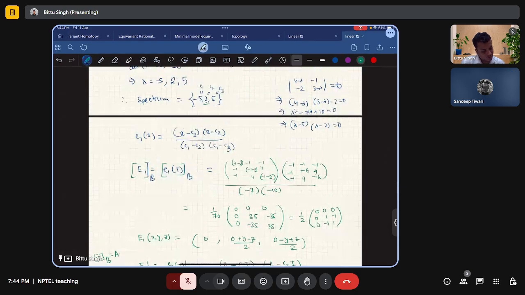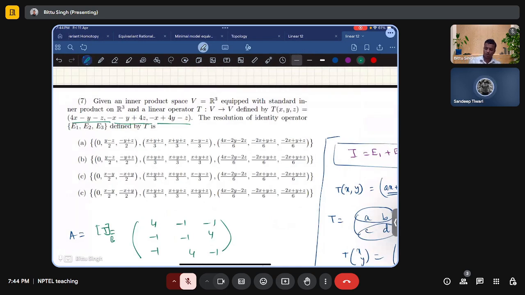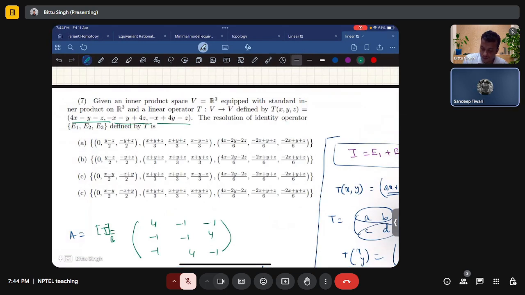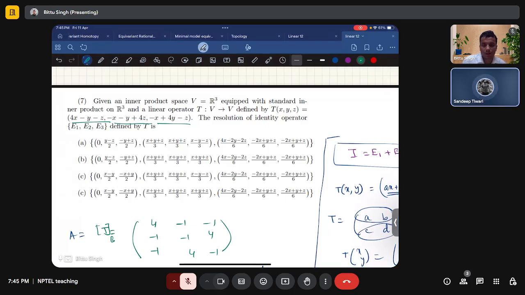Sir, we can find E3 without using this formula, sir. Yes, you are right. But you should use it, because there can be some mistake. Sir, there is also possibility of mistake in this formula, sir.